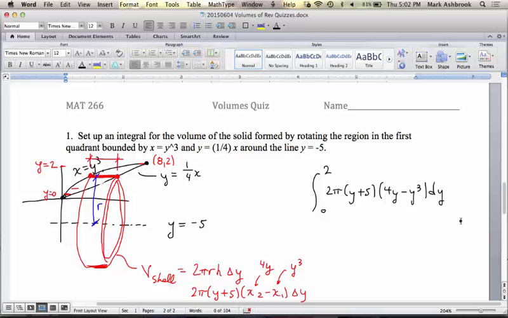Questions on that? Anybody have a question? Did you get it? Some people are nodding. Close, at least? Most of it? Okay. So what's hard? Is the radius the difficulty or the height the difficulty on this?